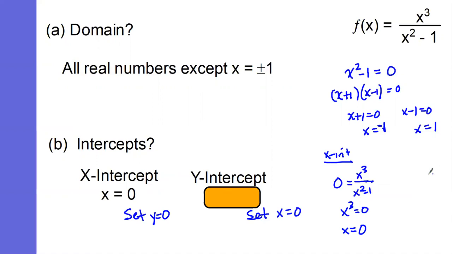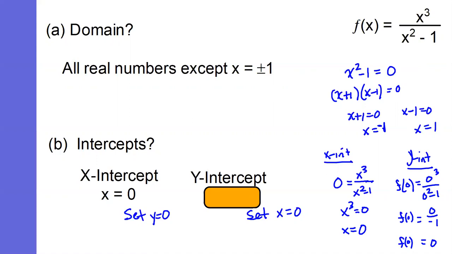Let's work out my y-intercept. With my y-intercept, I'm going to set x equal to 0, so I'm basically evaluating this function at 0. So I have 0 cubed all over 0 squared minus 1. 0 cubed would be 0. 0 squared is 0, minus 1 is -1. 0 divided by -1 is 0, and I know that f of 0 is 0.